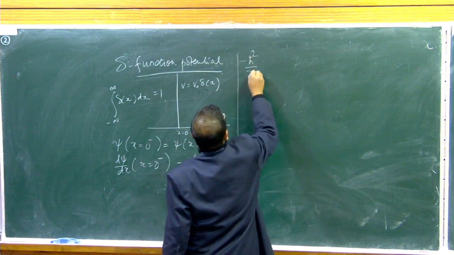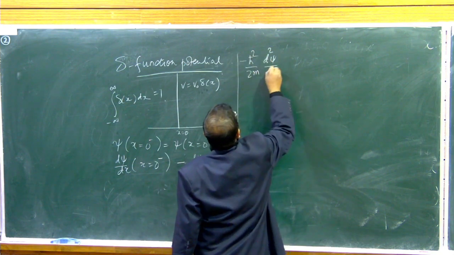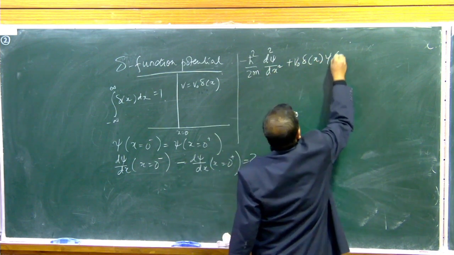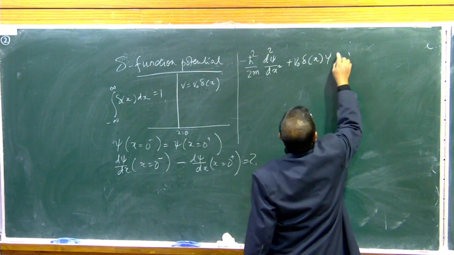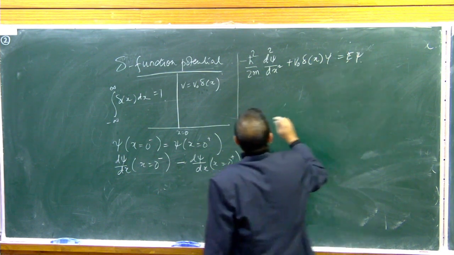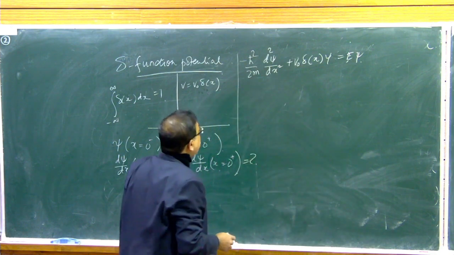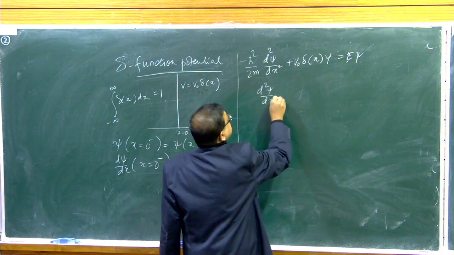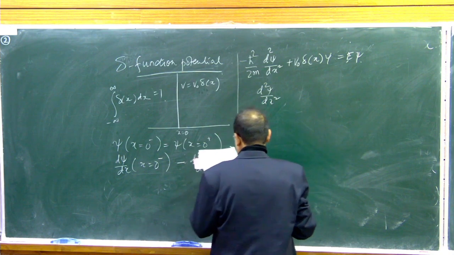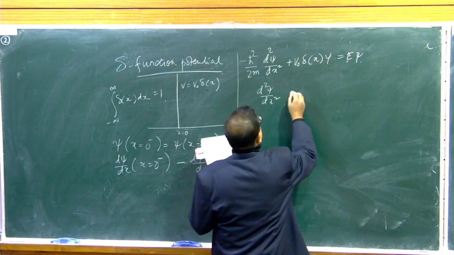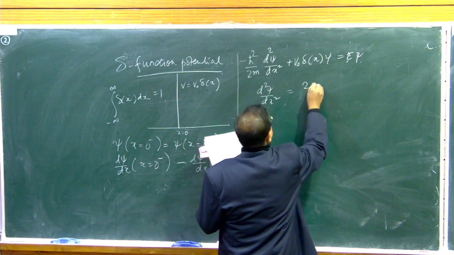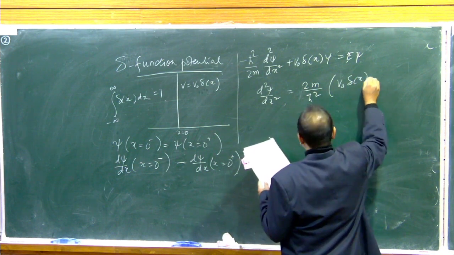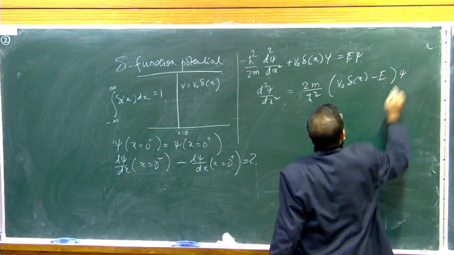minus h square by 2m d2 psi dx2 plus V naught delta x psi, equal to E psi. I multiplied by minus 2m by h cross square, so this becomes d2 psi dx2 equal to 2m by h cross square times V naught delta x minus E psi.